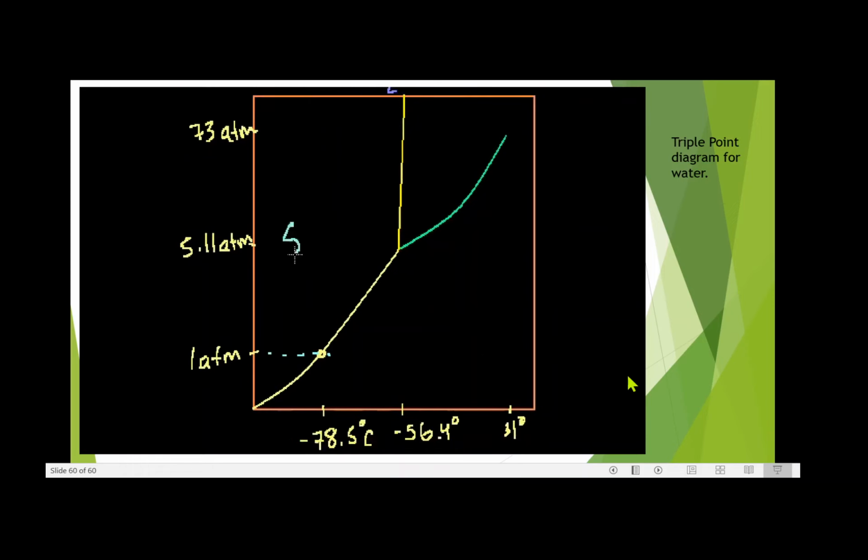So this is carbon dioxide solid, and this is gas, and this is liquid carbon dioxide. So at 1 atmosphere, let's say you live at sea level, you're in New Orleans, I guess it's a little bit below sea level, that's where I grew up. If you were able to get your fridge down to minus 80 degrees Celsius, the carbon dioxide would actually freeze.